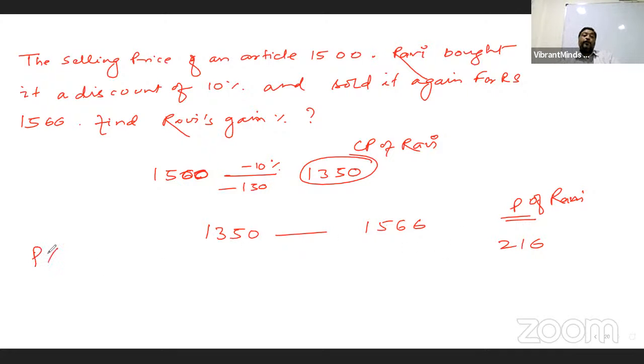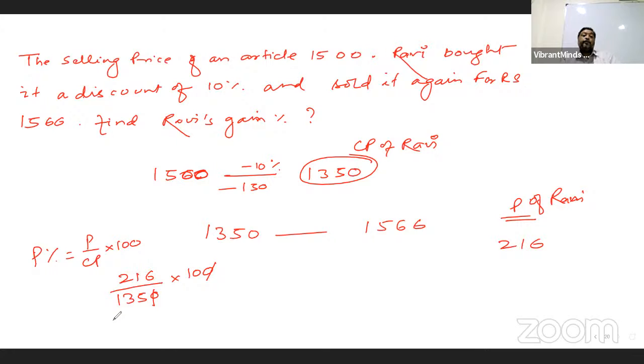So what will be the profit percent? Profit percent will be profit by cost price into 100. So 216 by 1350 into 100. Let's solve it.